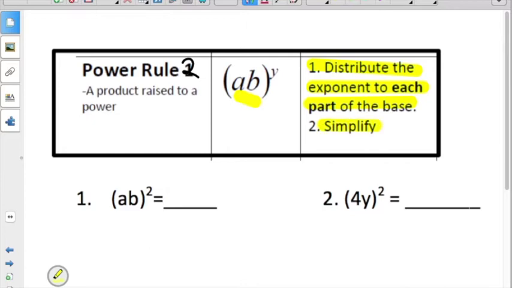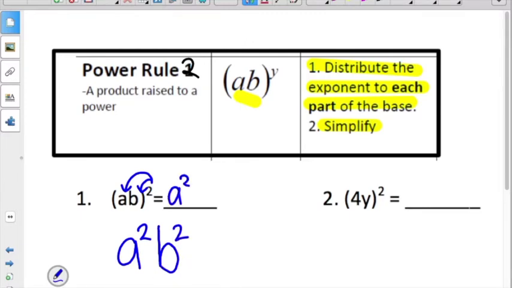So example number 1, we're going to distribute our exponent of 2 to the a and also to the b. So we get a to the 2nd power, b to the 2nd power. And that's your answer, a squared, b squared.